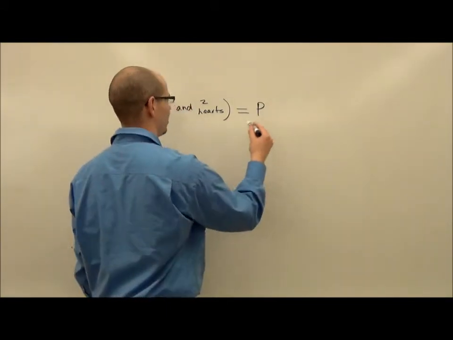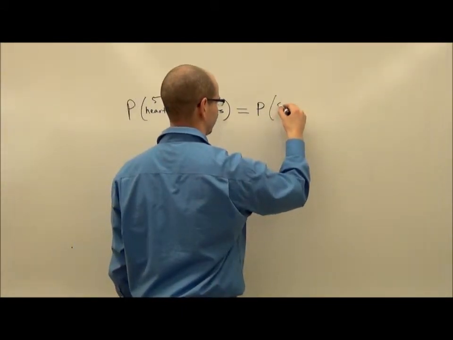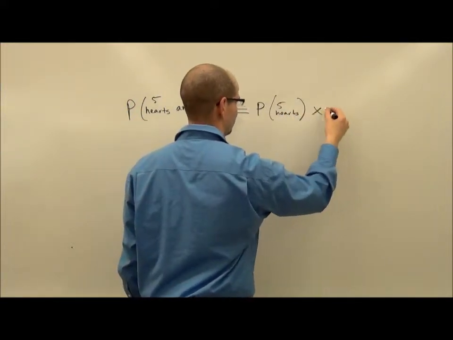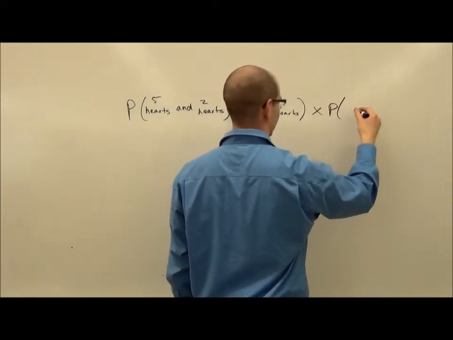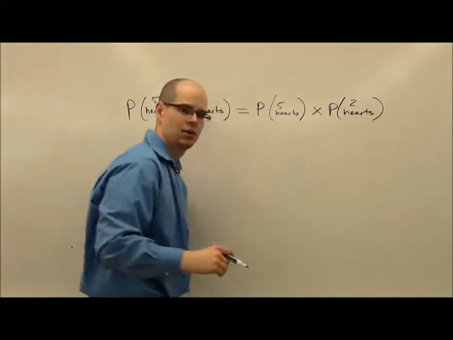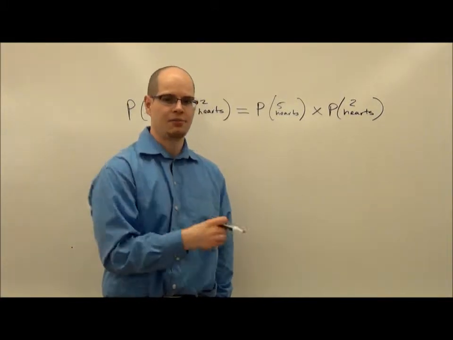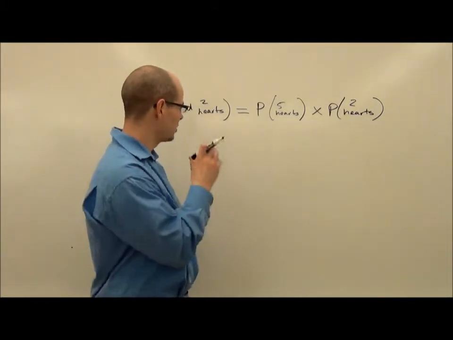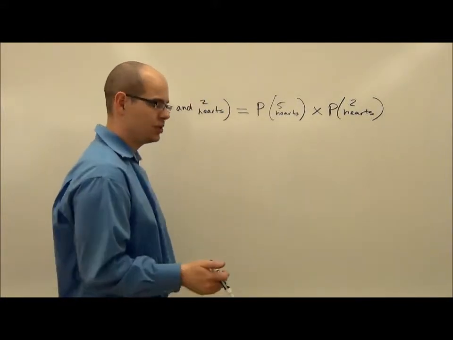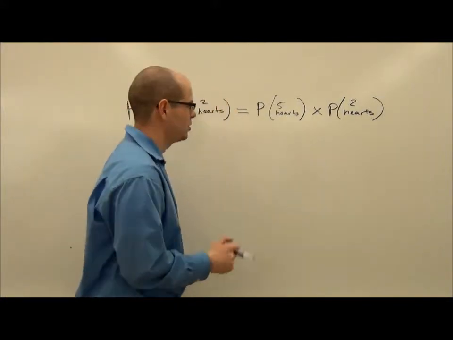So it's the chance of getting the 5 of hearts, and then we're going to multiply that by the chance of getting a 2 of hearts. Okay? So it's an independent, dependent question. Once you've got past that step, it's actually pretty easy from there. That's the hardest part, is knowing what to use.